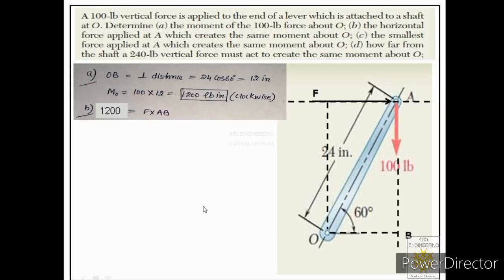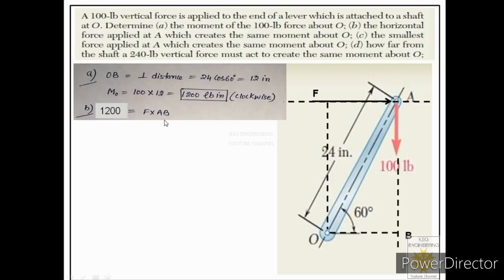So in the B part over here we have written M equal to F into moment arm. The moment arm for this particular force will be AB. Now as he has written, which creates the same moment about O, we have taken the previous moment here. Now we have to find F and we have to find AB first.